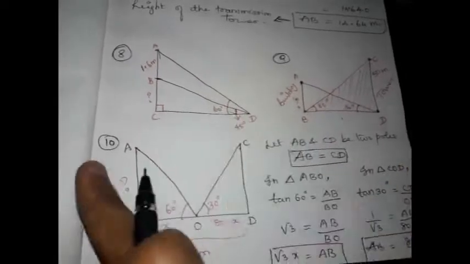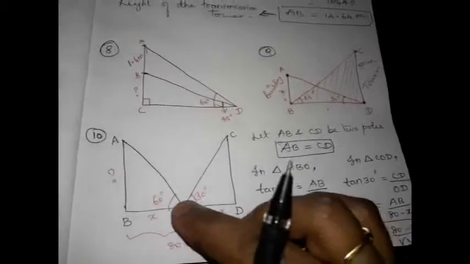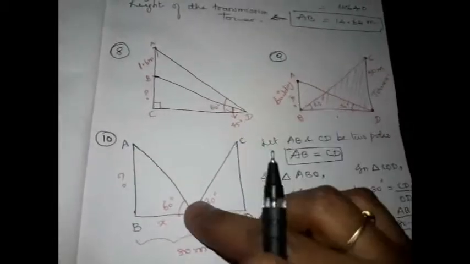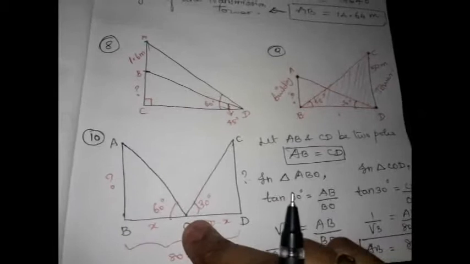I repeat, there are two poles standing opposite to each other on a road of width 80 meter. From a point on the road somewhere in between, the angles of elevation of the top of the poles are 30 and 60. They asked you to find the height. Both are of equal height only. They asked you to find the height as well as at what distance the poles are placed.